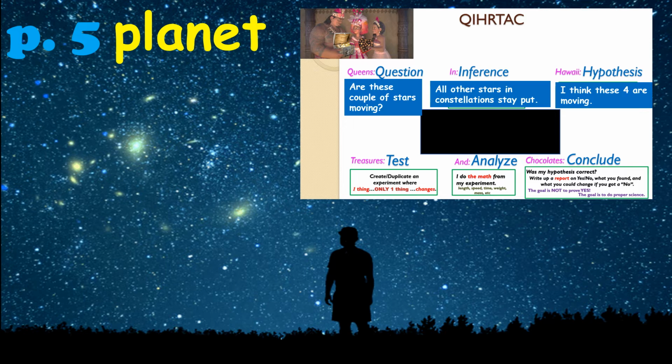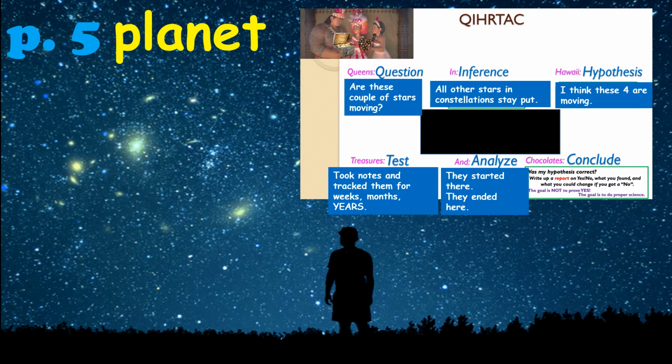So they skipped the research step, but they did a test and they began to track and draw their images in their notes and keep track of certain ones that were indeed traveling. And when they compared their notes, every constellation stayed the same, except for three or four little stars that seemed to be constantly moving throughout the sky.